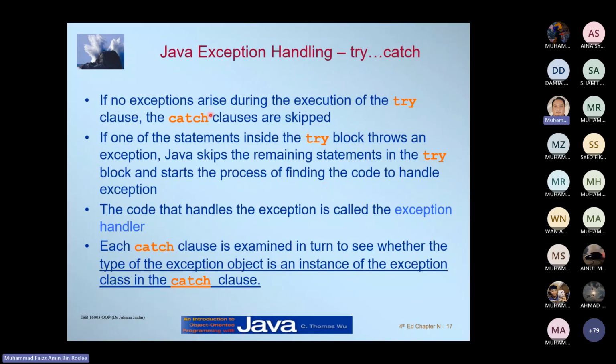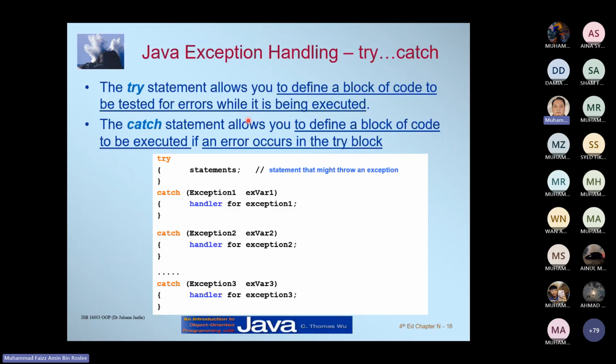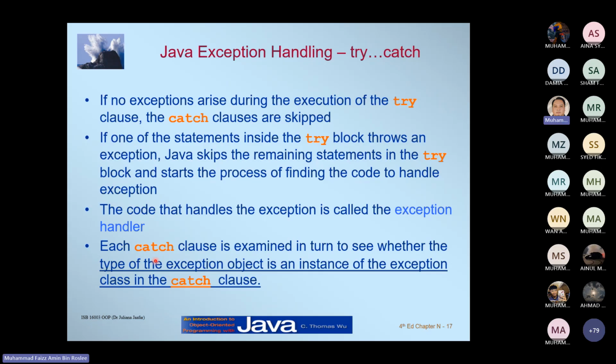If no exception arises during the execution of the try clause, the catch clauses are skipped. If there's no error in this try block, it will skip all the catch blocks and execute the program normally.